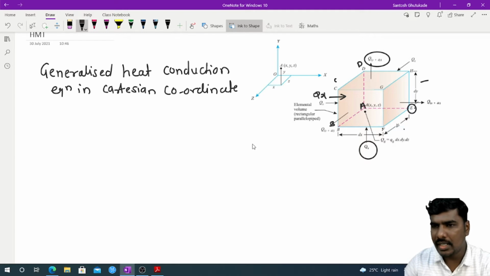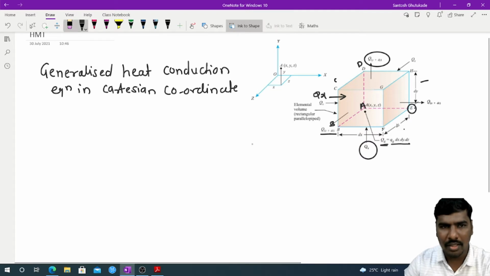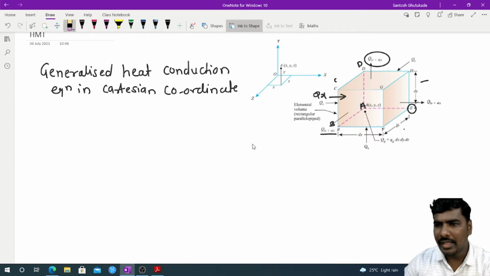Similarly for the z direction, heat coming in is qz and heat going out is qz plus dz. And internal heat generation: heat generated internally in this volume element is qg, equal to small qg times dx dy dz, where dx dy dz is the volume of the element. So this figure shows the x, y, and z directions.